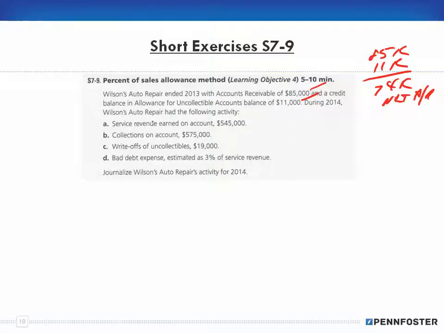All right, during 2014, Wilson's Auto Repair had the following activity. So this here is for 2013, and now it says during 2014 it has this activity. It says journalize Wilson's Auto Repair's activity for 2014. So let's see here. A, service revenue earned on account, 545,000.